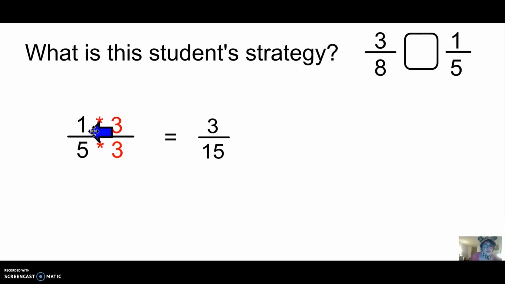So the student took 1/5, multiplied the numerator and the denominator by 3, and came up with an equivalent fraction of 3/15. How's this going to help me? I want to compare this to my 3/8. So my 1/5 is equivalent to 3/15.